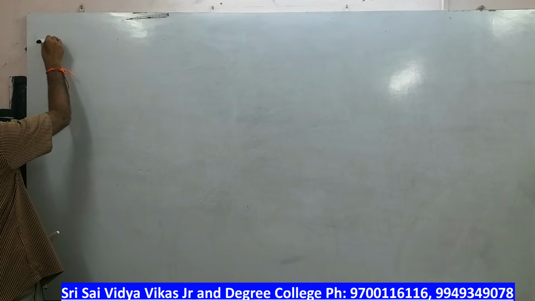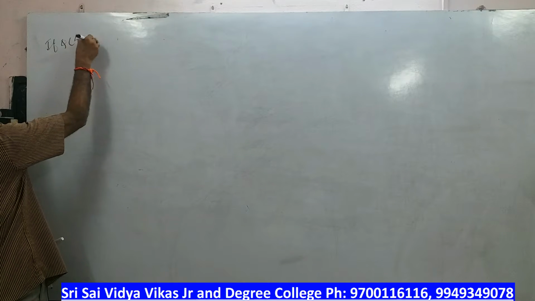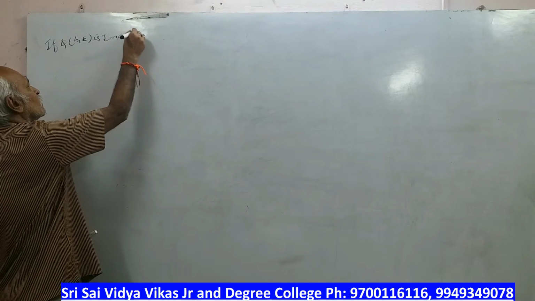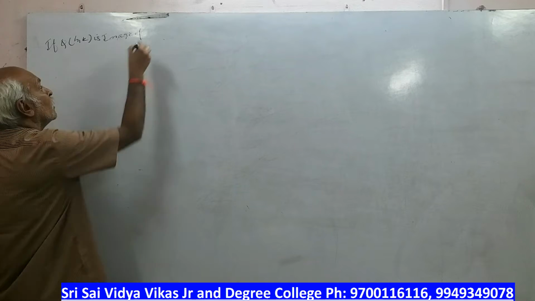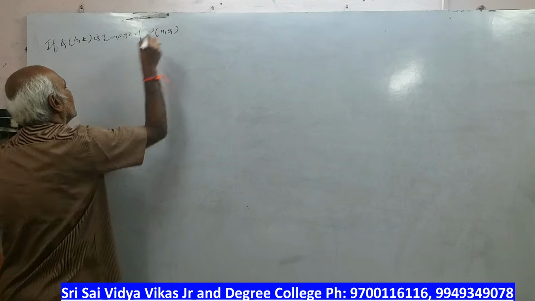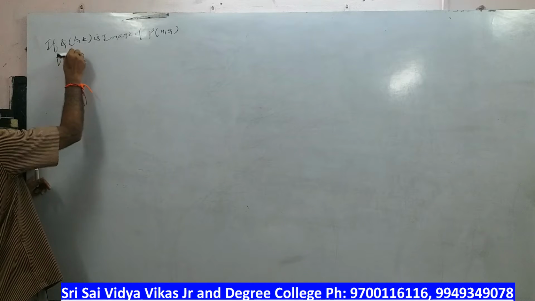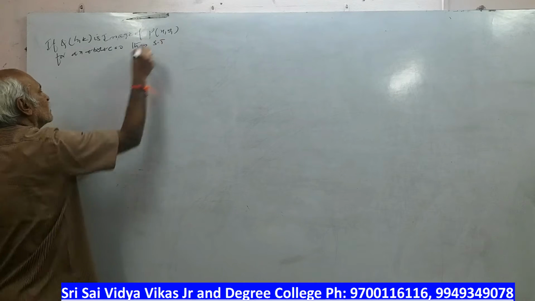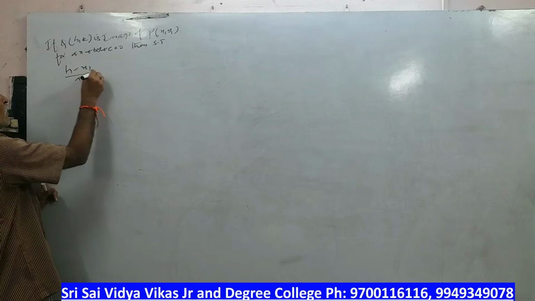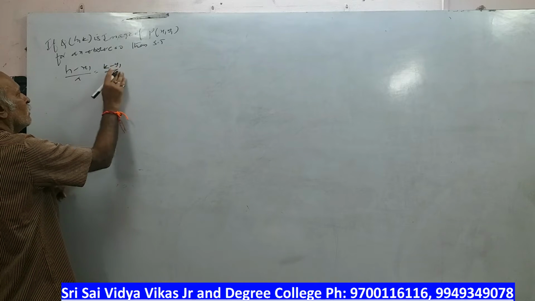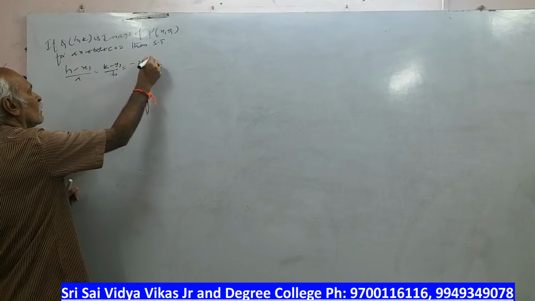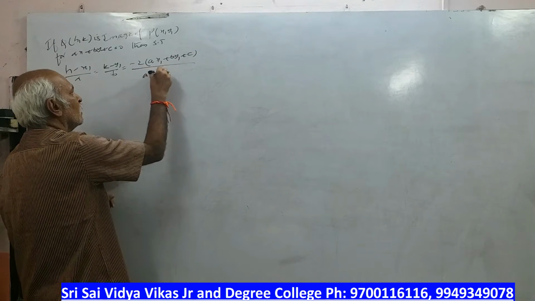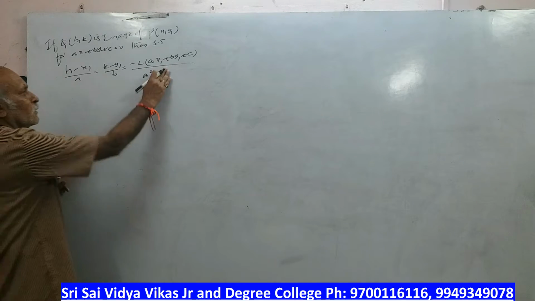Next, if Q(h, k) is the image of P(x1, y1) with respect to the line ax plus by plus c is equal to 0, then show that the value is given by minus 2 into ax1 plus by1 plus c by a square plus b square, right?